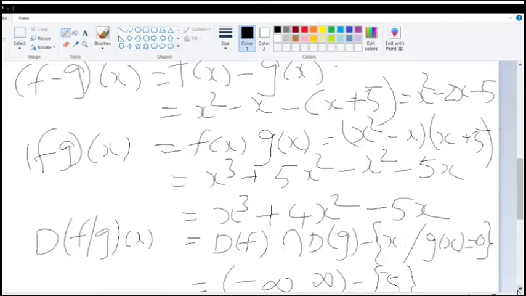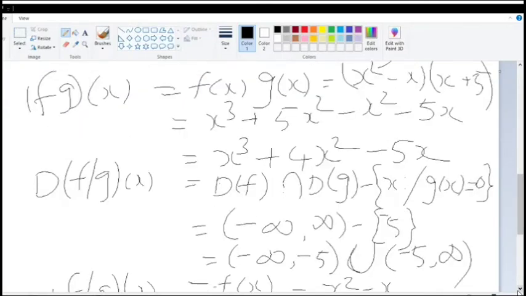Now domain of f by g of x equals domain of f intersection domain of g minus the x such that g of x equals 0. Here g of x equals x plus 5, which is equal to 0 when x equals minus 5.